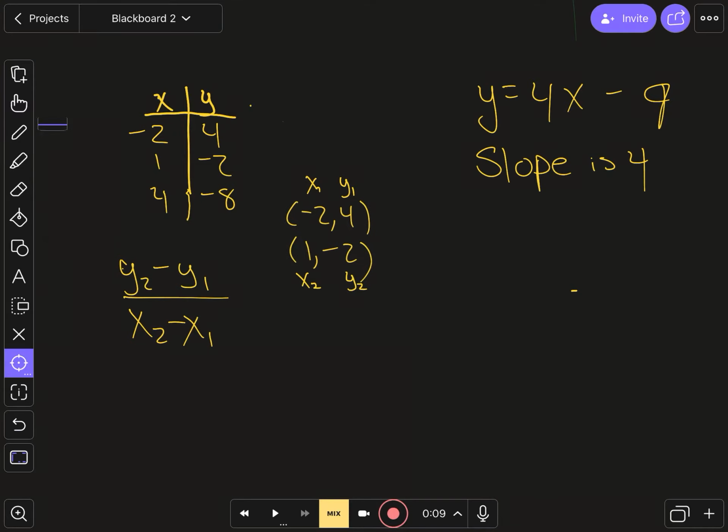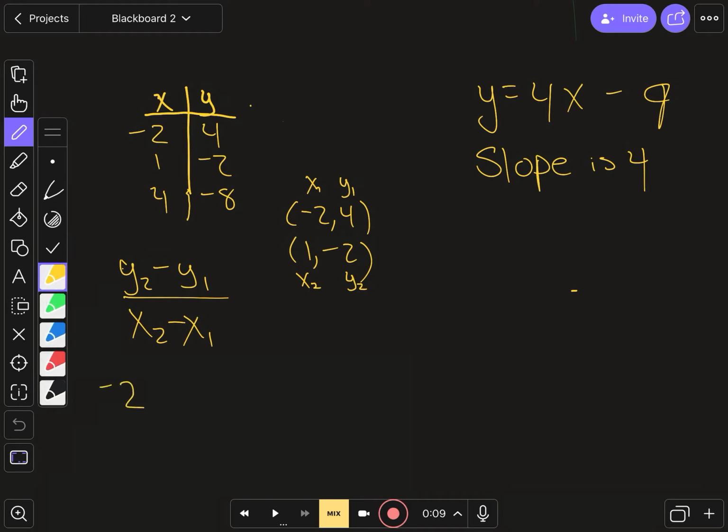Then all you do, using this formula, is plug in your y2 and your y1. So I have y2 minus y1. There's my y2, it's -2. So I'm going to put a -2 into my y2 minus my y1. And my y1 is 4, so I'm going to plug that in right here.